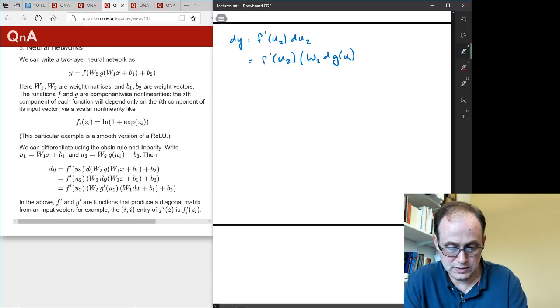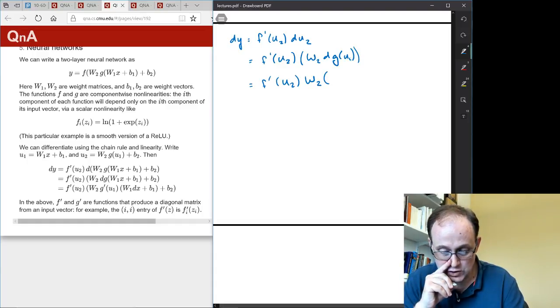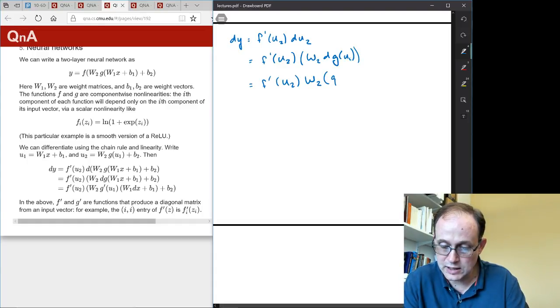So then this is equal to f prime of u2 times W2, and then dg of u1 is going to be g prime of u1 du1. And we'll just write that out: W1 x plus b1.